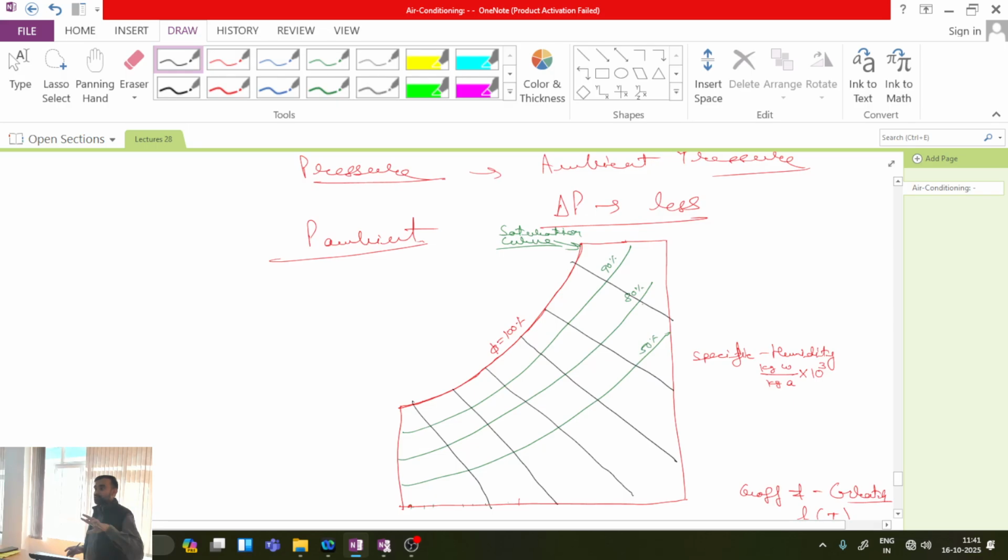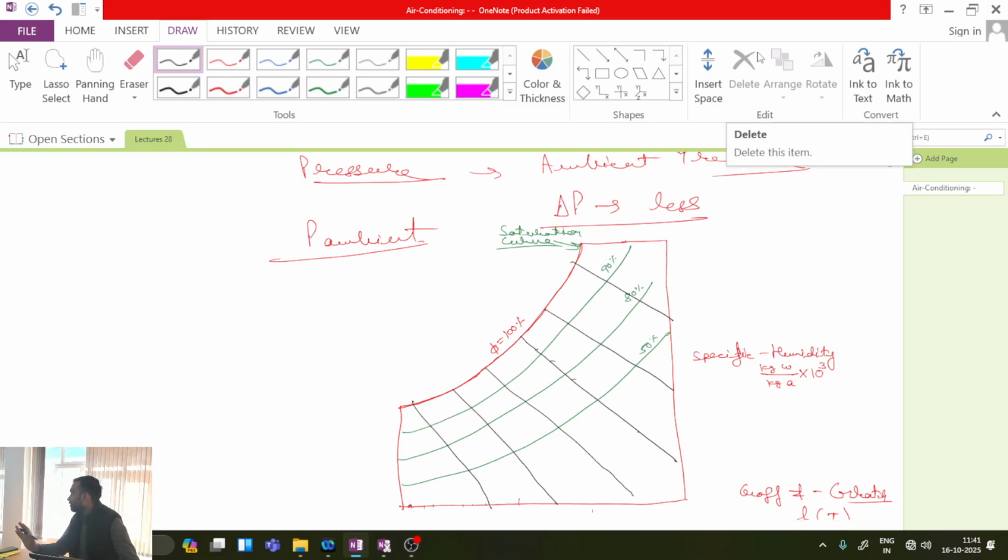Of course, in actual practice, at each and every point the slope will be different, because when I am moving like this, the temperature is changing at every point. That will change the T minus T star value. But the value is very small, so the change is very small. So I can approximate the WBT line in the form of a straight line.